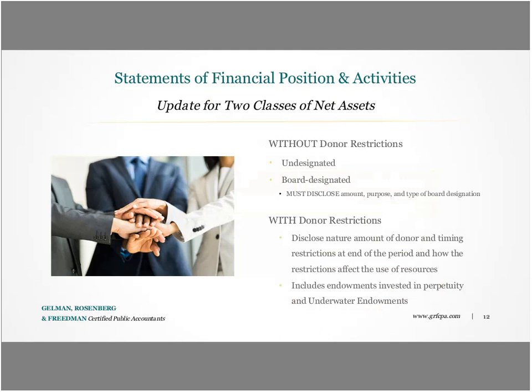Board designated net assets may be earmarked for future programs, investment, contingencies, purchase, or construction of fixed assets or other uses. Again, these net assets are considered without restrictions. And for board-designated net assets, you must disclose the amount, purpose, and type of board designation.